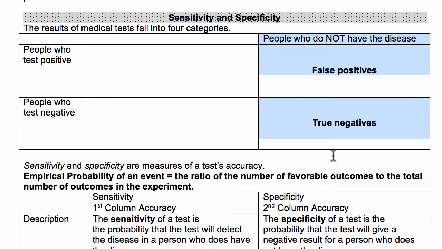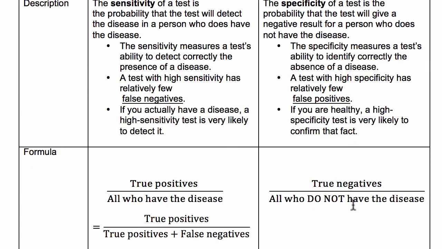And our numerator is all the people in this column for which the test was accurate, our true negatives. Therefore, the formula for specificity reads true negatives divided by all who do not have the disease.